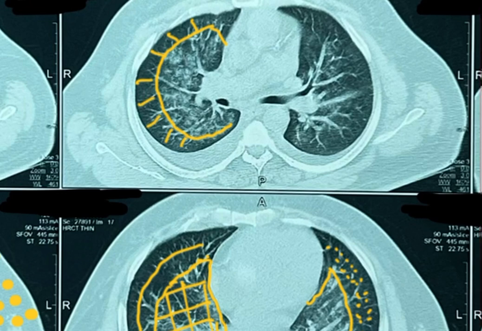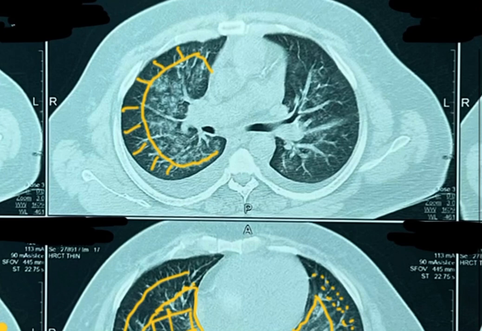So we know that whenever there is perihilar involvement, because this is the hilum, this is the pulmonary hilum, and this is the pulmonary vasculature. This is bronchi. This is the main bronchus which is growing. This is left bronchus. This is right bronchus. Basically, this is radiolucent structure.